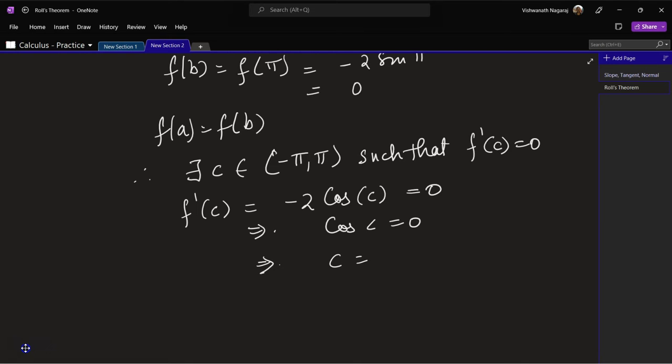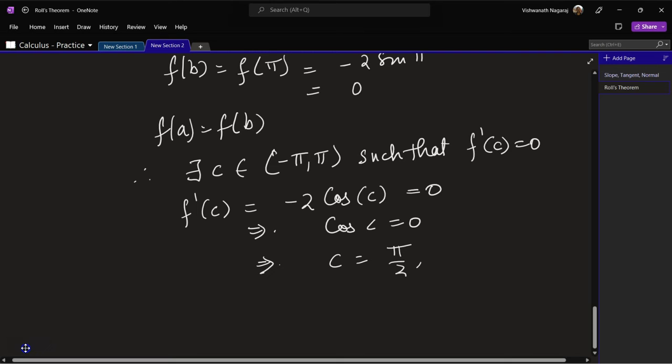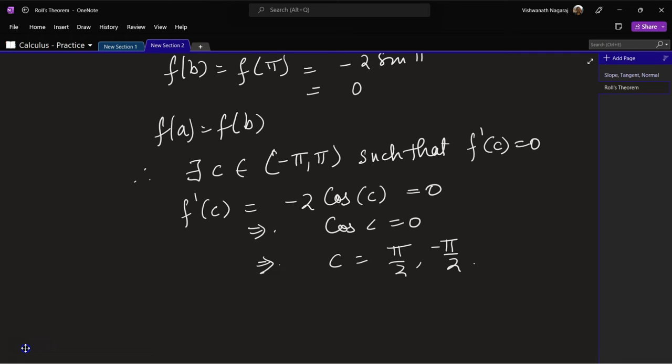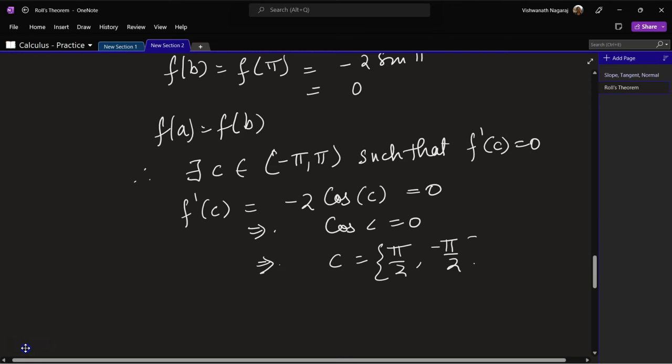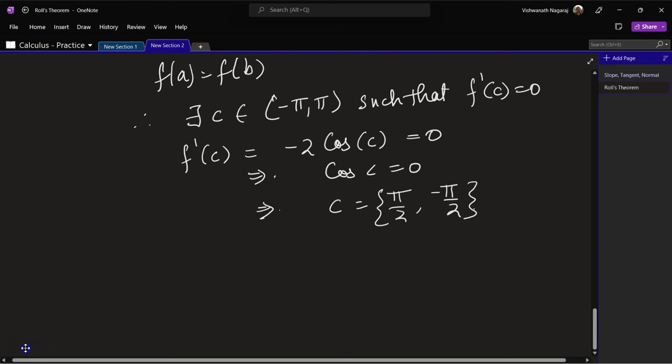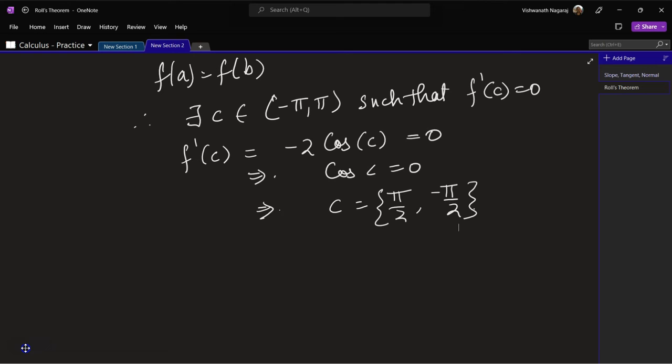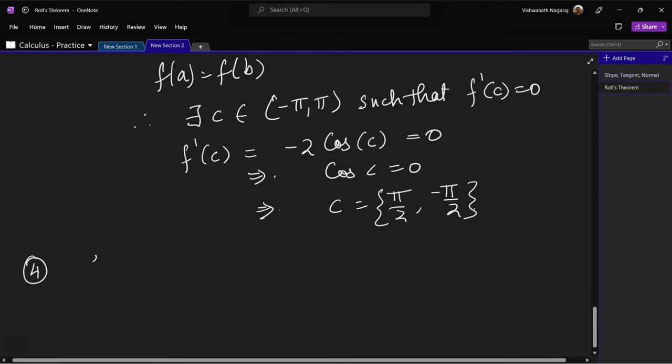In the interval, it is 0 at pi by 2 and it is also 0 at minus pi by 2, and both pi by 2 and minus pi by 2 are in the given interval of minus pi to pi. So this is the set of values at which the tangent is going to be horizontal.